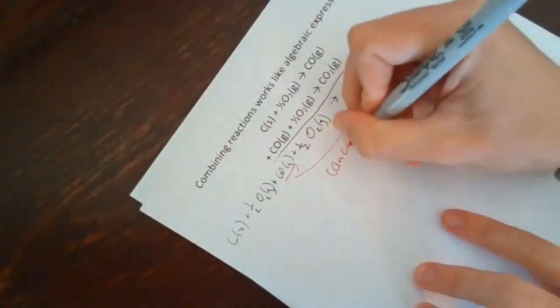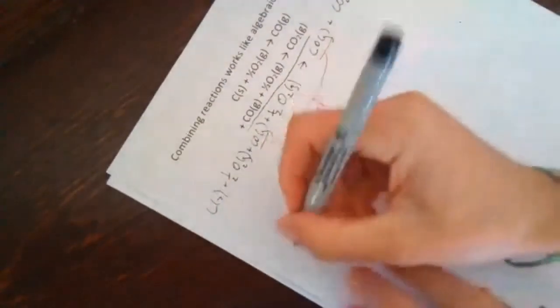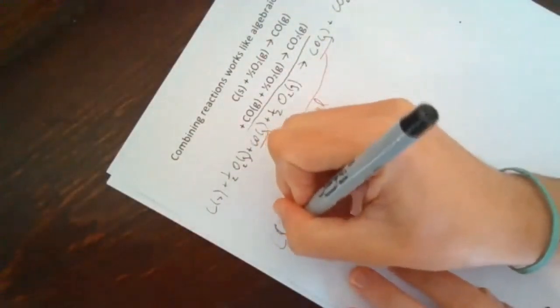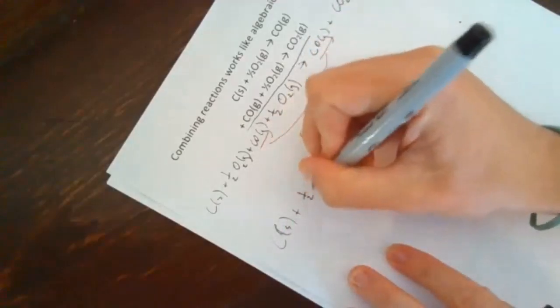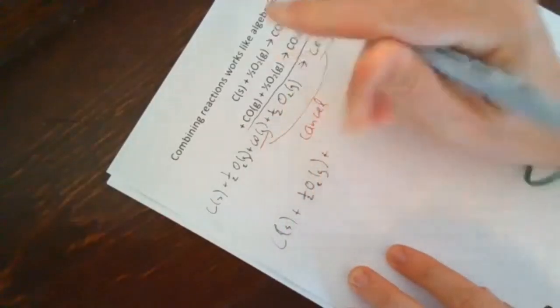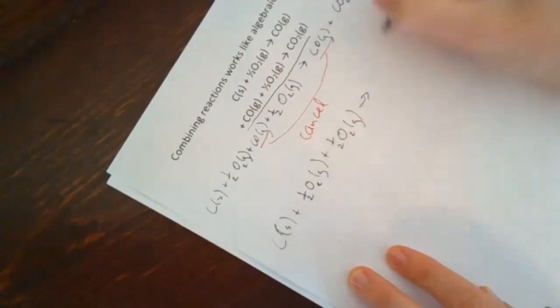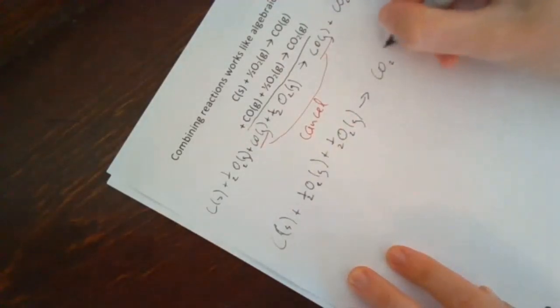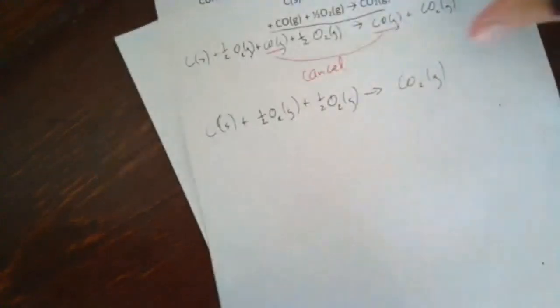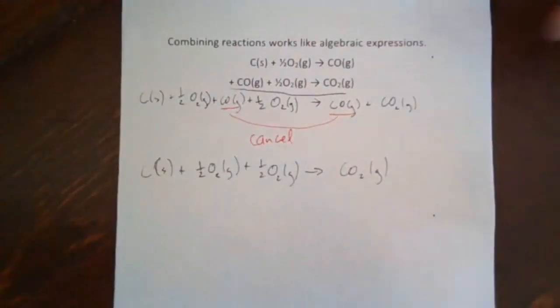We want to cancel those out, because that's not a net change. So we cancel that out. We would be left with just the carbon plus 1/2 O2 plus 1/2 O2 becomes just CO2. The carbon monoxide is not a net change, so we want to get rid of that.